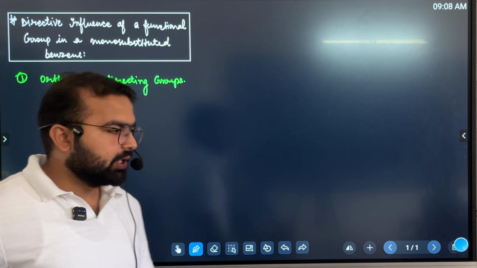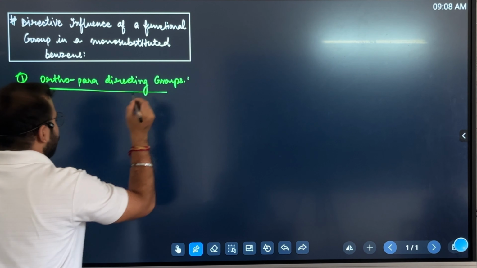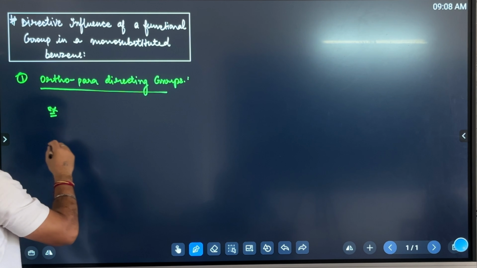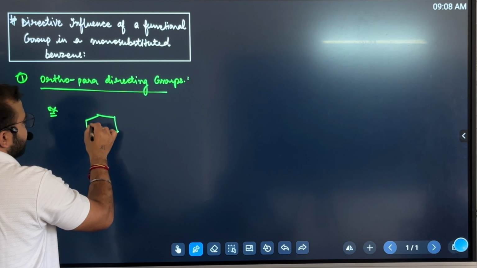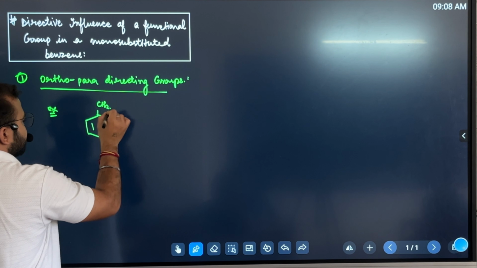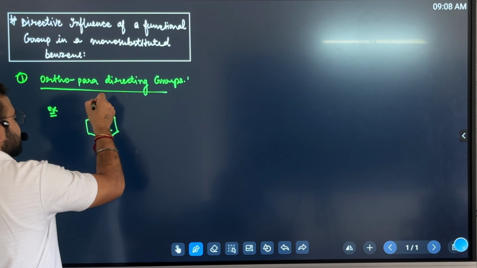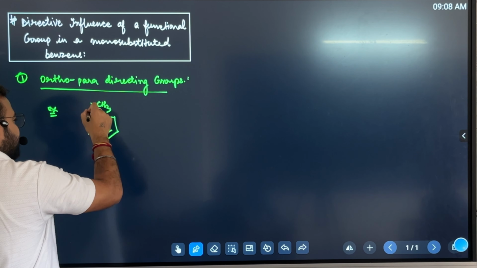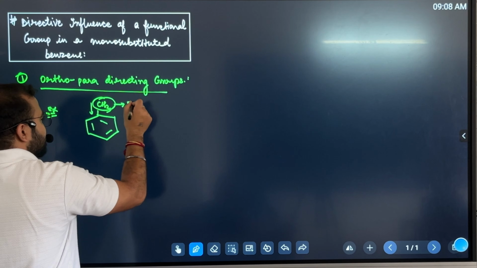Clear? Now according to the same concept, let's take examples of the groups showing plus R effect. First I am taking benzene and here I am taking CH3. Since in CH3 the carbon will be giving electron to the benzene, we will call CH3 an electron releasing group.